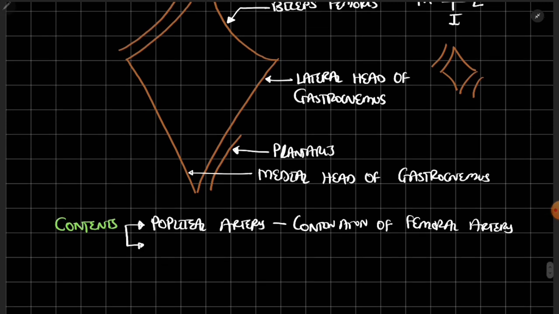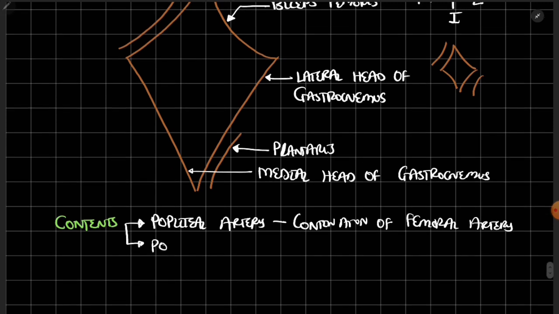Then the second content is the popliteal vein, the third main content is the tibial nerve, and the fourth main content is the common peroneal nerve.